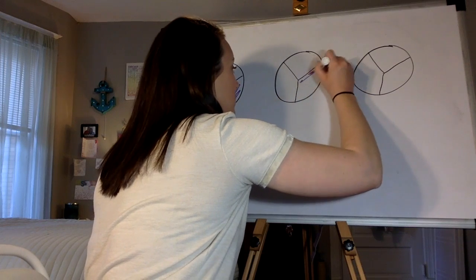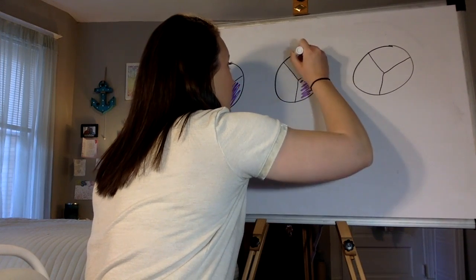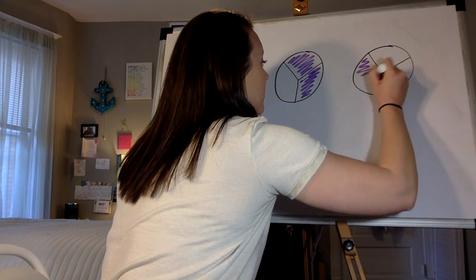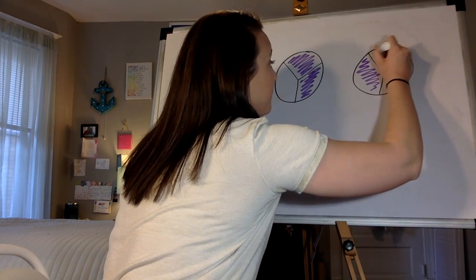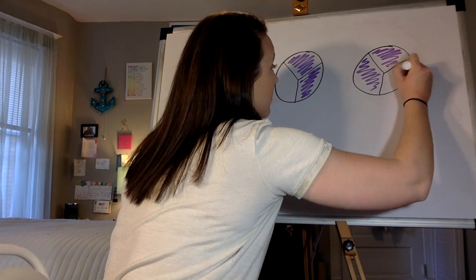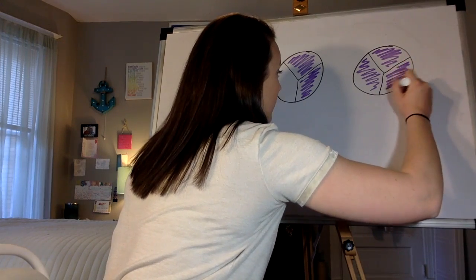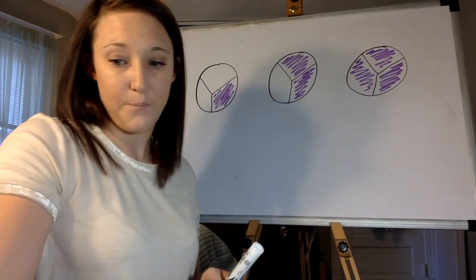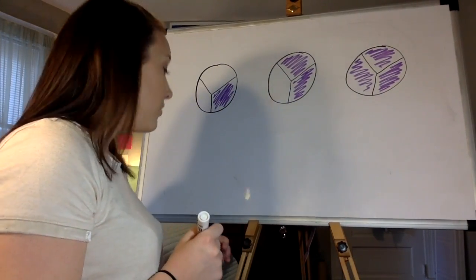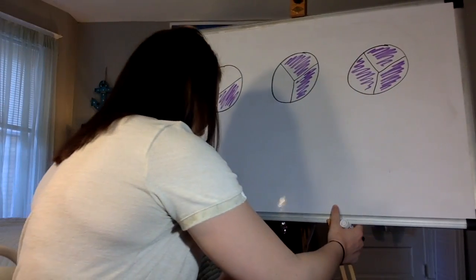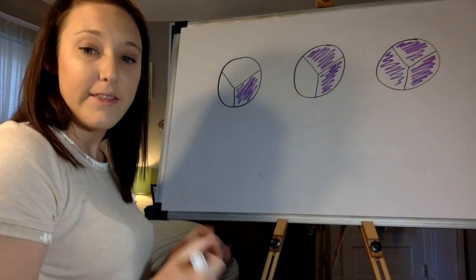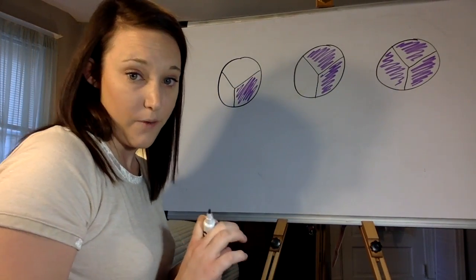This one, and then the second, and then the third has all of them. Okay, so this is what we're looking at. And what your book wants us to do is be able to write these in fraction form, okay?